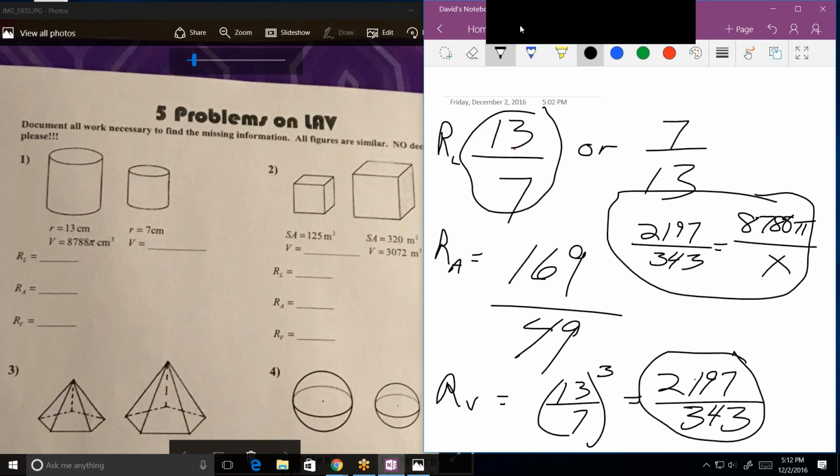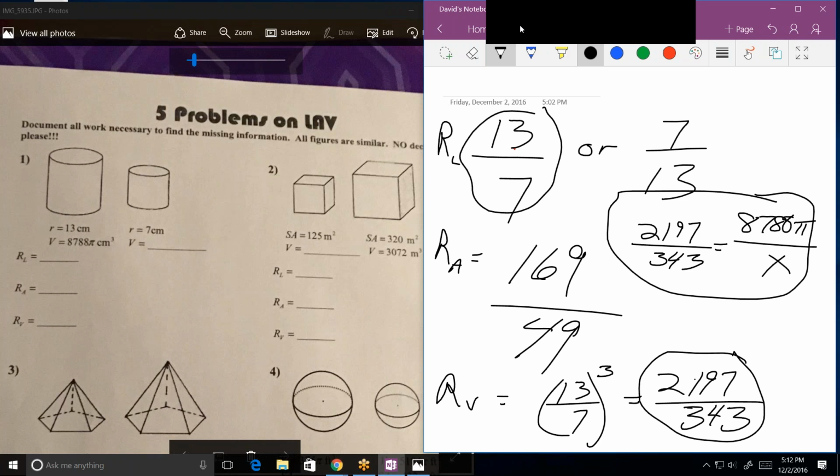So x is going to come out to some number of pi. I don't know, we could always skip that and just do that last.